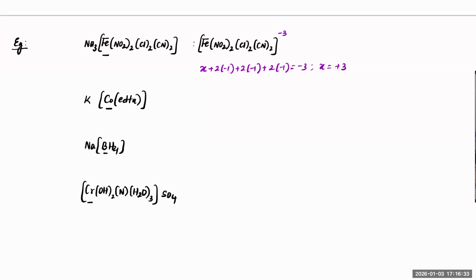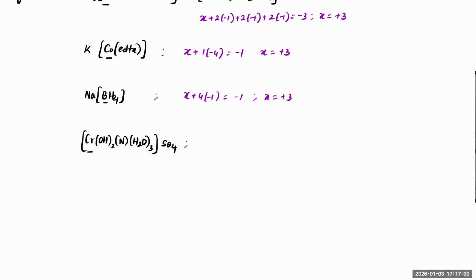Similarly, here, x plus 4 times -4 overall equal to -1. So x is equal to +3. Here, x plus 4 times -1 overall equal to -1. So x is equal to +3.